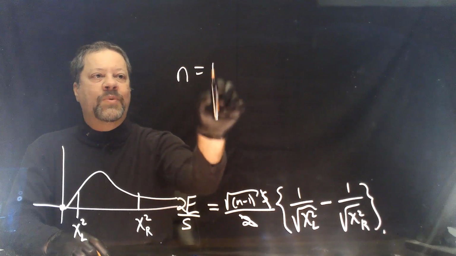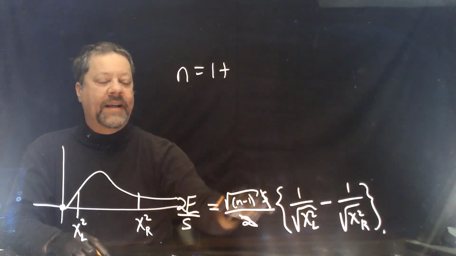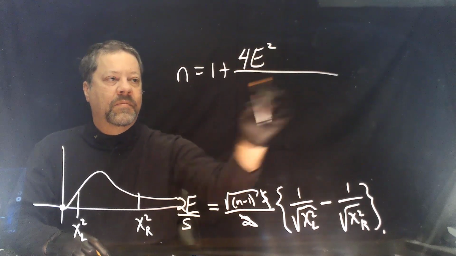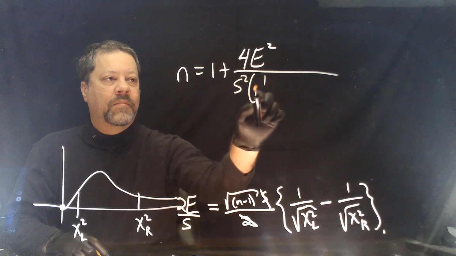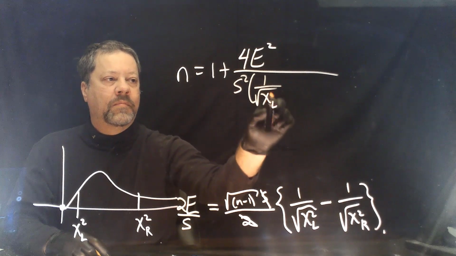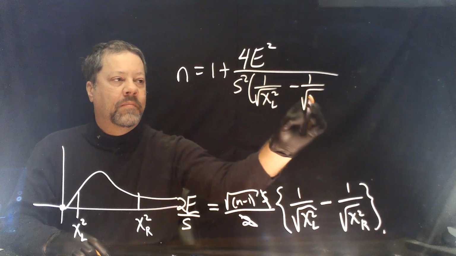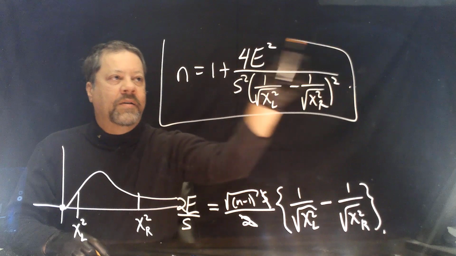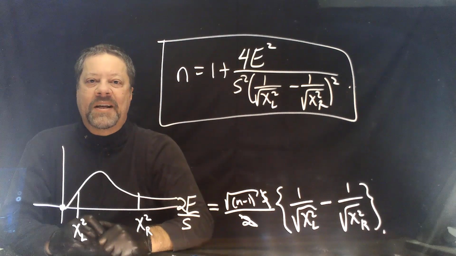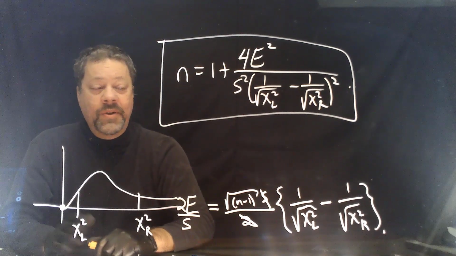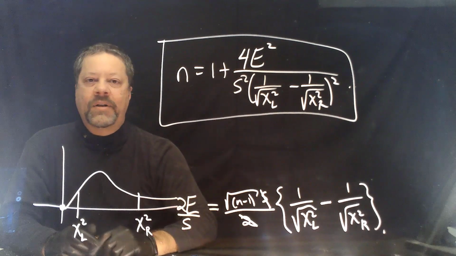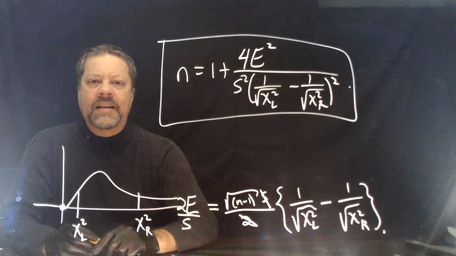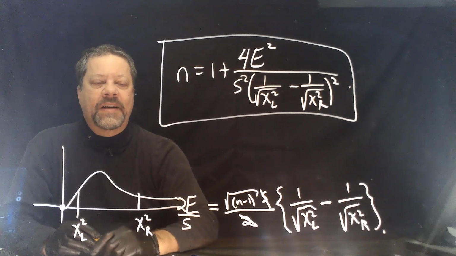We'll get n equals 1 plus, we'll have squared everything else, yielding our estimate for the sample size required. We can either use the table for finding the critical chi-squares, or we can use a computer. The calculator doesn't have the inverse chi-square needed to find the critical chi-squares.